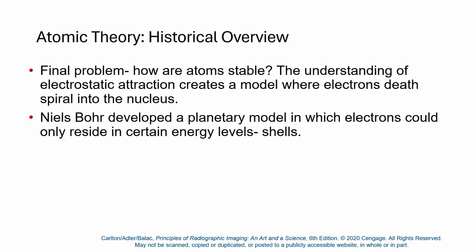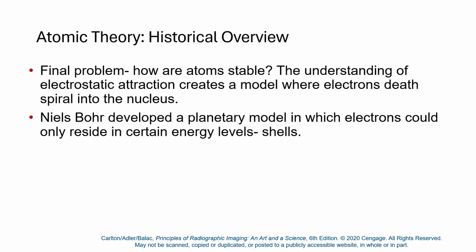Except for when you solve the acceleration equations for those electrons and try to plot their orbits, you realize that they have to keep losing kinetic energy, because of the way classical mechanics approaches the electron as a particle. It spirals, it goes into a death spiral, kind of like a whirlpool, and eventually crashes into the nucleus. And so it didn't work. Rutherford's model had a mathematical flaw to it. The electrostatic attraction indicates that all electrons would death spiral into the nucleus and then eventually collide with the nucleus.